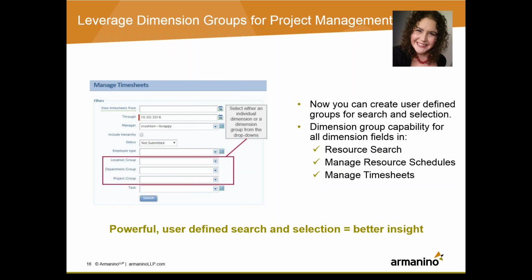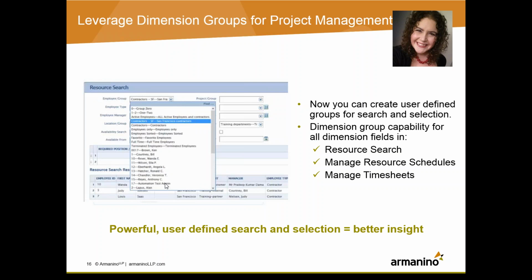So we've got the ability to manage timesheets and also in resource search. You can also search by employee groups. This is really important if you're using Intacct project scheduling to manage your business, very common for professional services. It really gives you the flexibility to make sure that you've got people scheduled on your projects that have the right skill sets, because you now have the ability to group your employees in that manner.